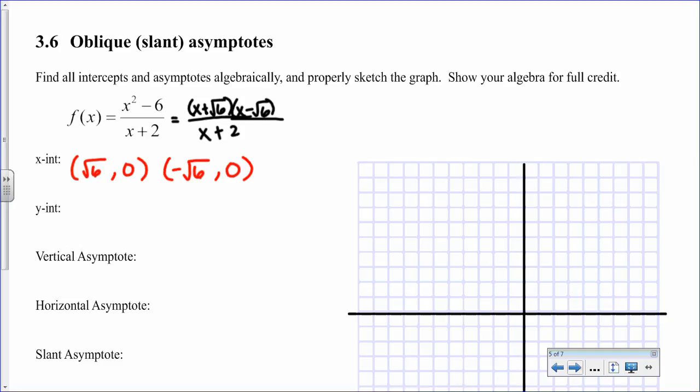Okay, the y-intercept, you still plug in 0 for x. So that should be negative 3.